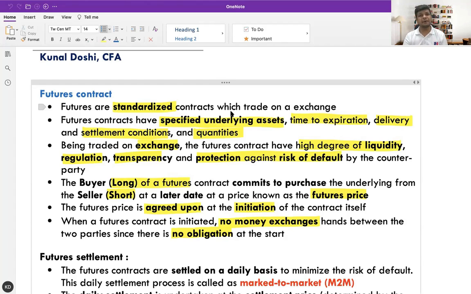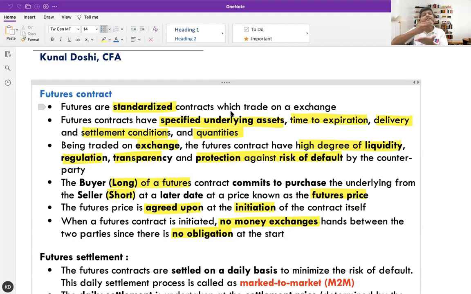So every day when the prices change, either the long or the short is liable to pay money. Clear? Yes. Now, because of this, the exchange, which has the responsibility here, will collect margin from the long as well as from the short, so that neither of us will default. Clear? Yes.